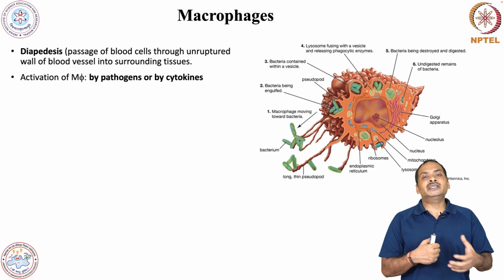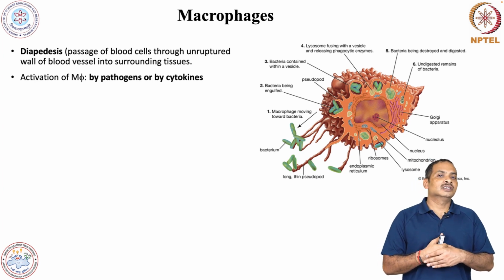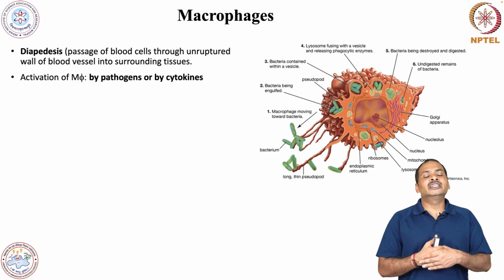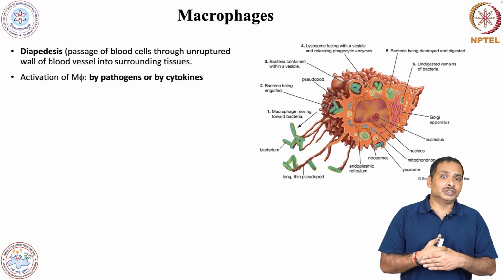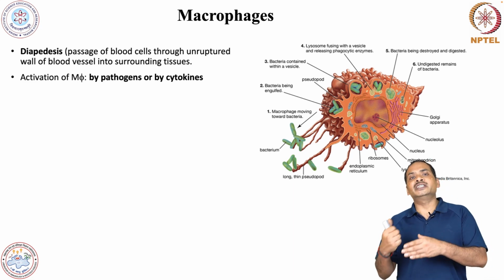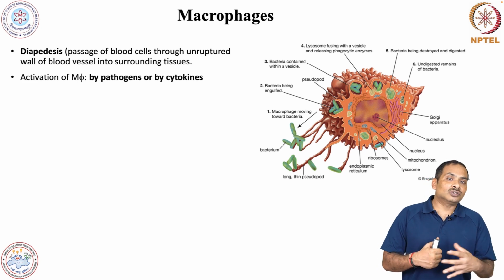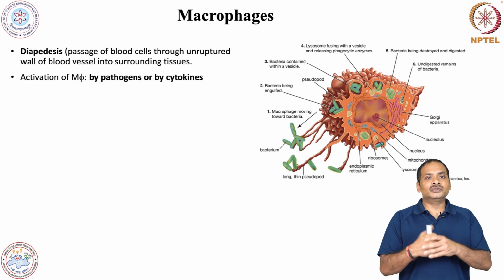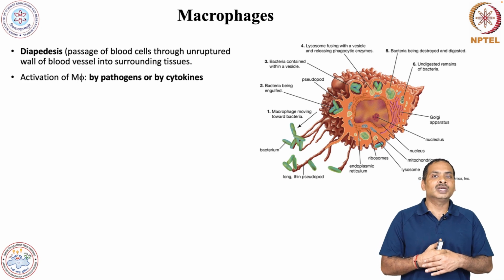Number two, they can be more aggressively phagocytic in nature. Another is that they present the antigen, and they also express adhesion molecules, which are needed for T cell activation, and they are very strong stimulators of T cells.